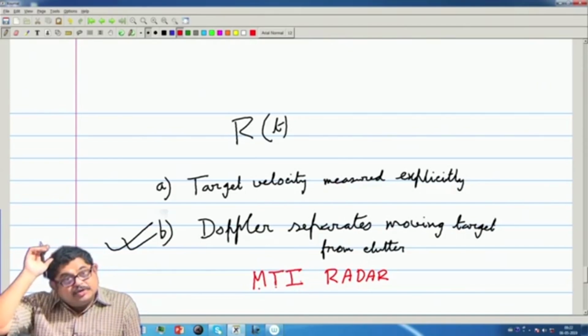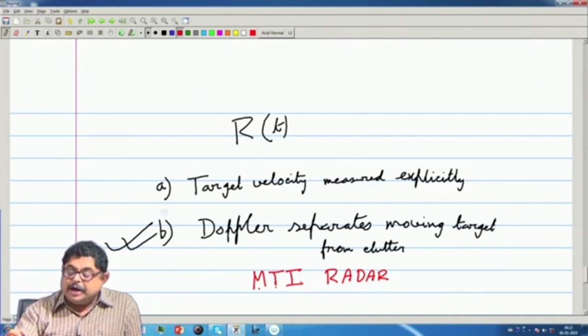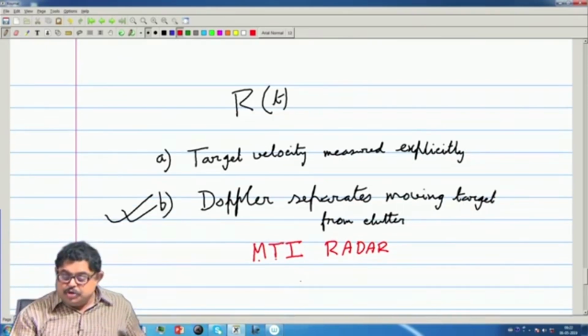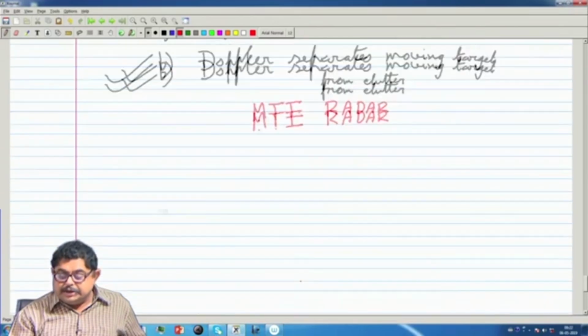Now, pulse radar broadly has two classes.